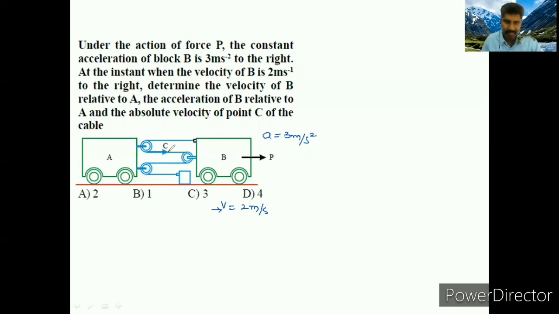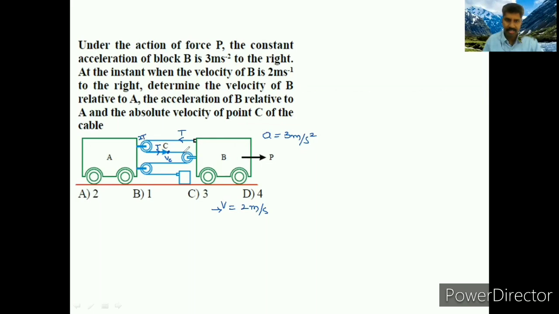So here we need to find the velocity at point C; I will write it as VC. Now in this string it develops the tension T. Here also tension is T, and this is 2T.